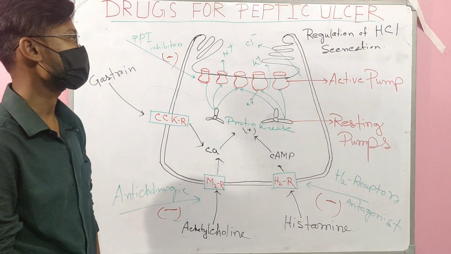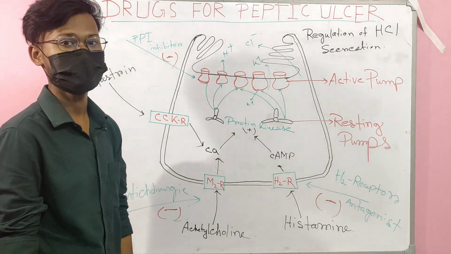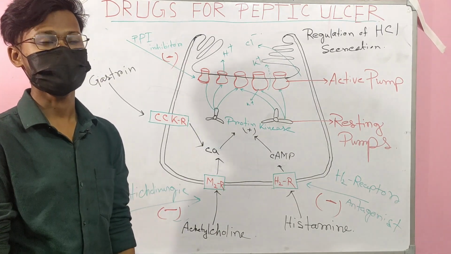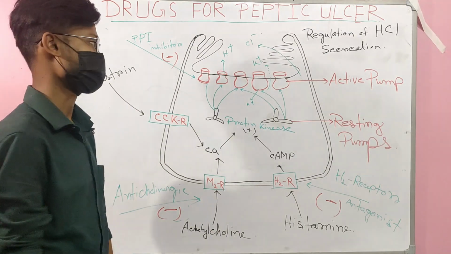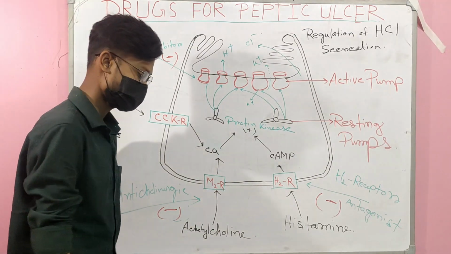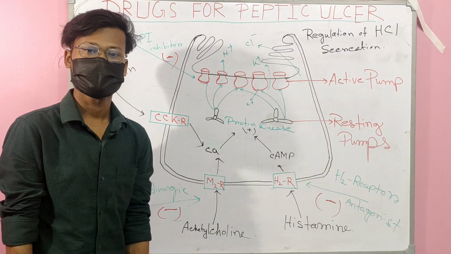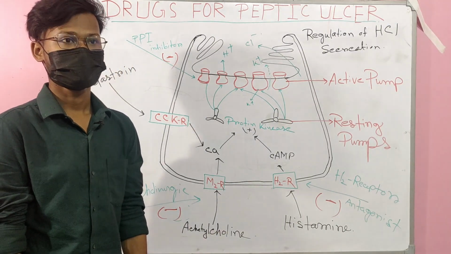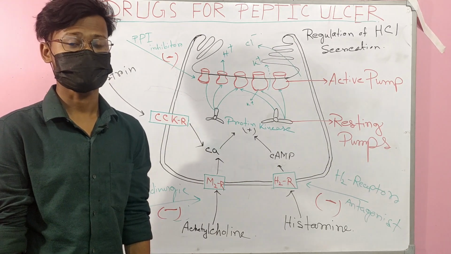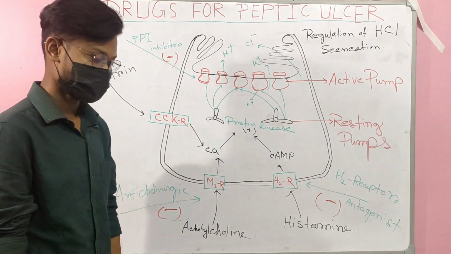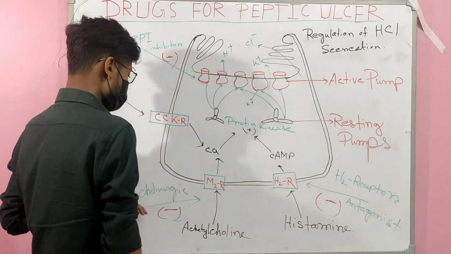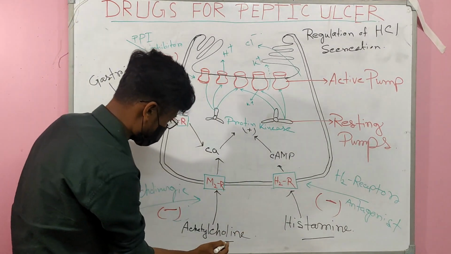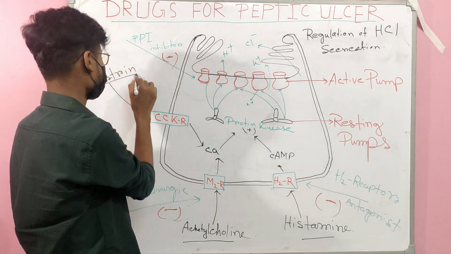Now, regulation of acid secretion or HCl secretion, meaning how HCl is produced in our body. Firstly, HCl is secreted by gastric parietal cell due to activation of hydrogen potassium ATPase pump, and it's stimulated by histamine, acetylcholine, and gastrin.